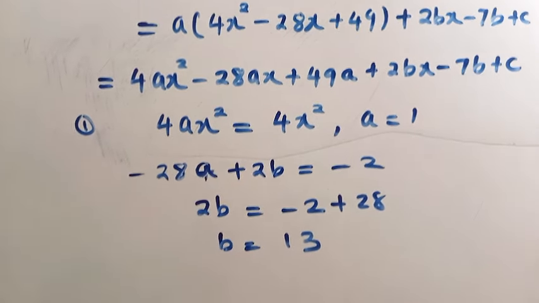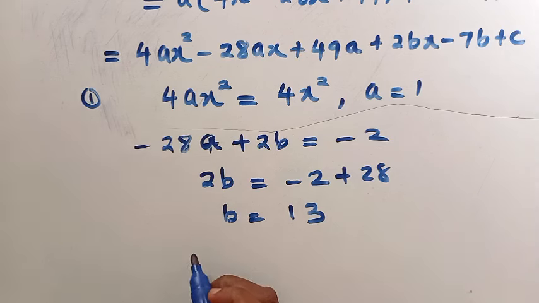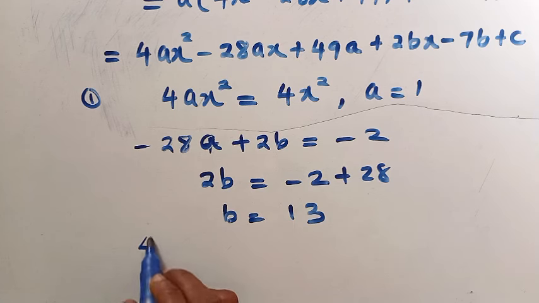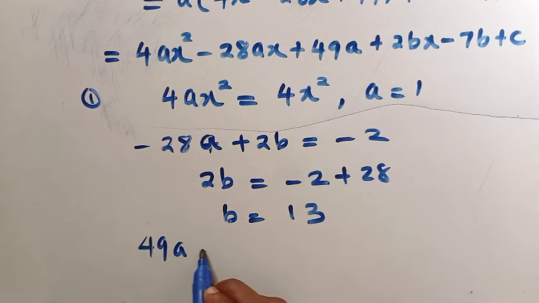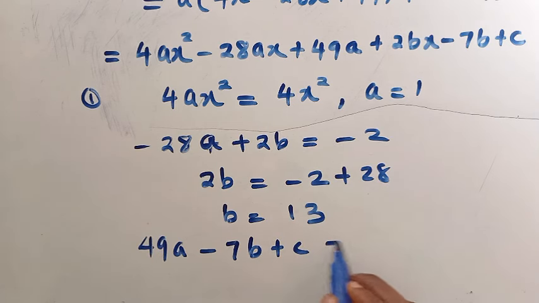And again, to get c, we look for all the constant values. So from the constant values, we have 49a, then we have minus 7b plus c, everything equals 1. If a here equals 1 and b is 13, substituting everything here, we are going to get c equals 43.